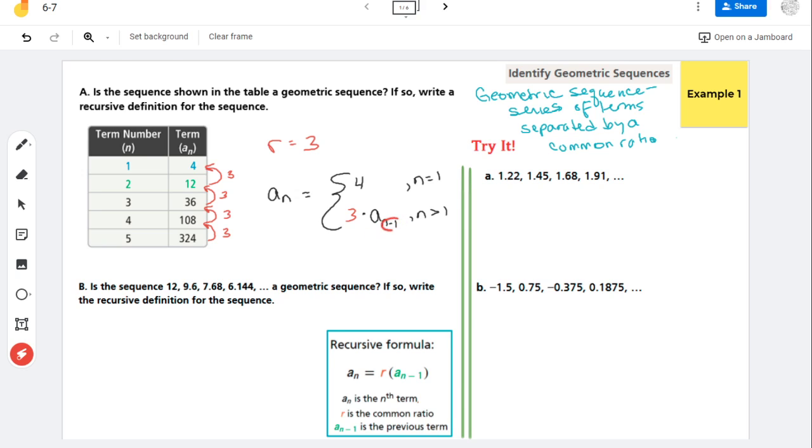You're not doing anything weird with that n minus 1. That is simply saying the term before this term. So if I'm reading this, to find the first term, you use 4. To find every other term, you take the previous term and multiply it by 3.